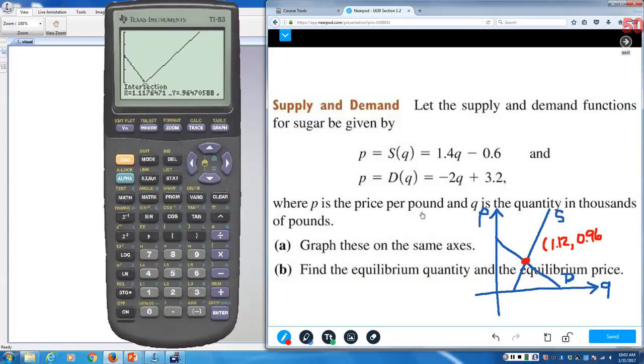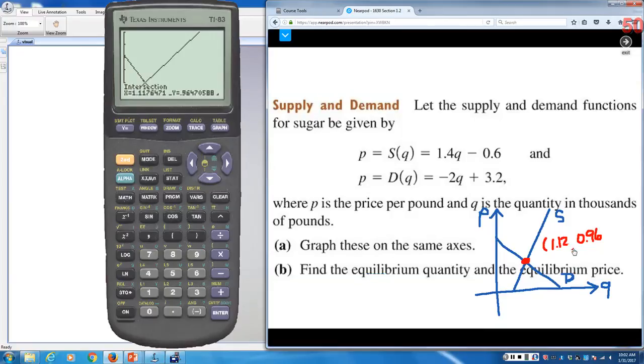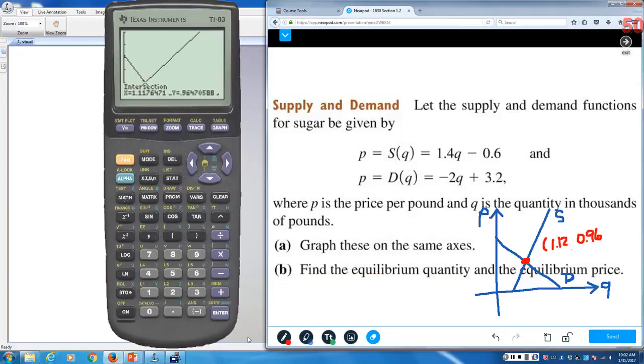Now, since this says that P is the price per pound and Q is in thousands, actually I'm going to change my answer a little bit. So here's the eraser. So I'm going to round that to 1.118.